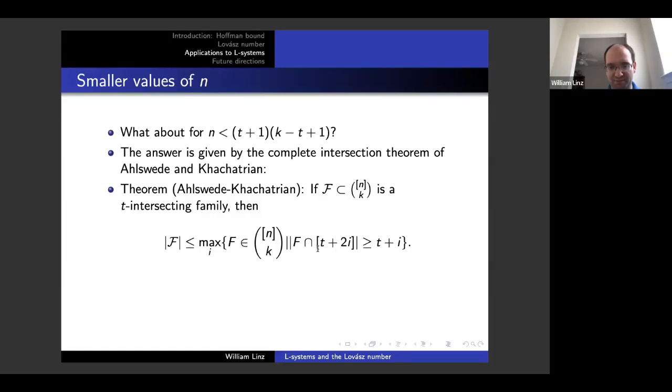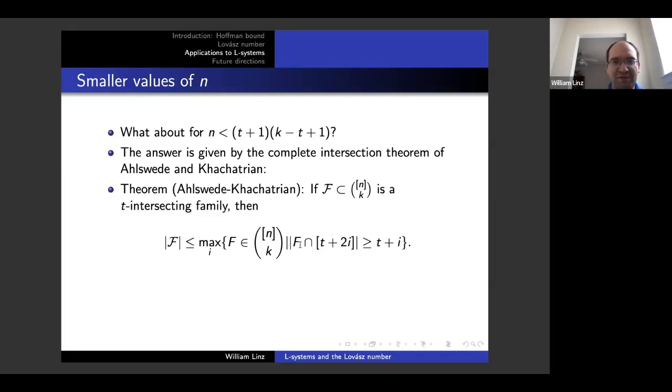For any I, you look at all sets F which contain at least T+I of a fixed set of T+2I elements, which we'll take to be the integers from 1 up to T+2I. The maximum over all of these families gives you the maximum size T-intersecting family. In particular, if I is 0, you get back the trivial T-intersecting family that was best possible for n at least (T+1)(K-T+1).